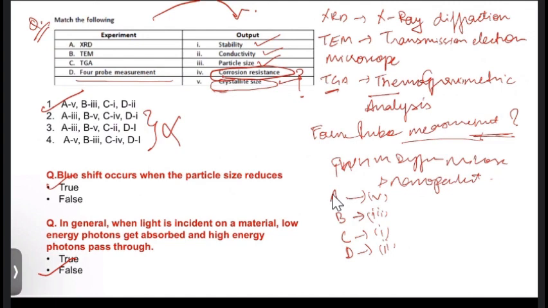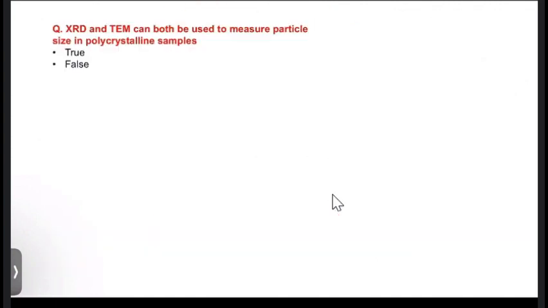XRD and TEM can both be used to measure particle size in polycrystalline samples. True or false? False. XRD gives crystallite size.